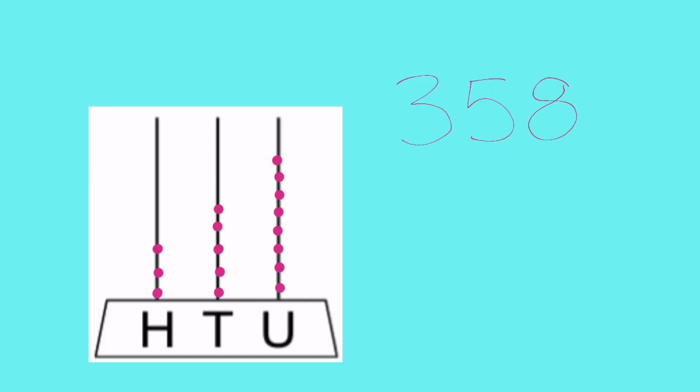So this abacus shows the number 358, and we can partition this. The number 358 is made up of 300 and 50 and 8. So there we go, that's how you partition and show place value on an abacus.